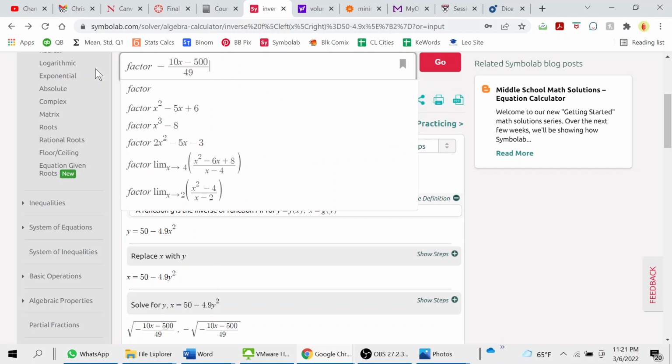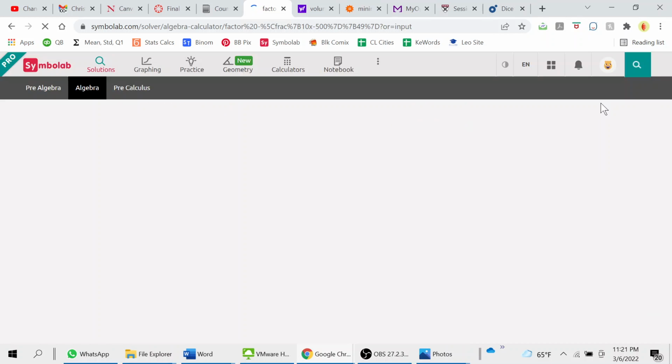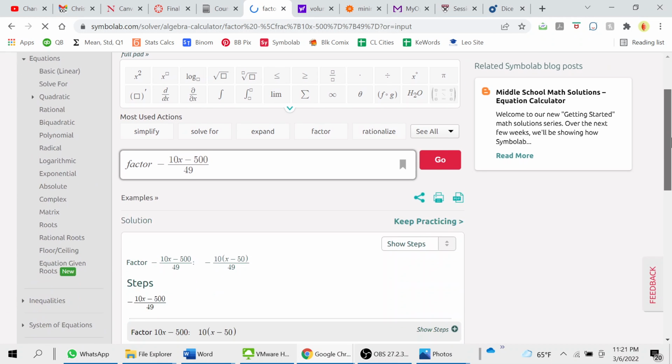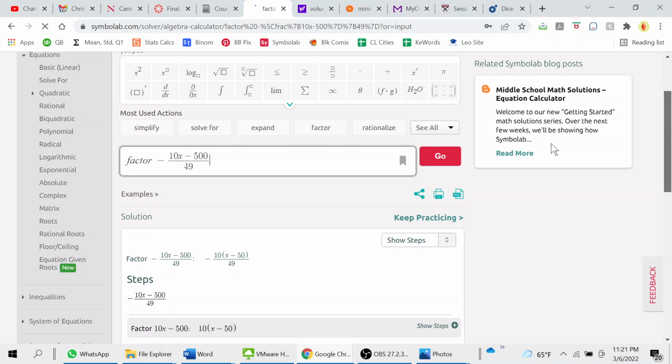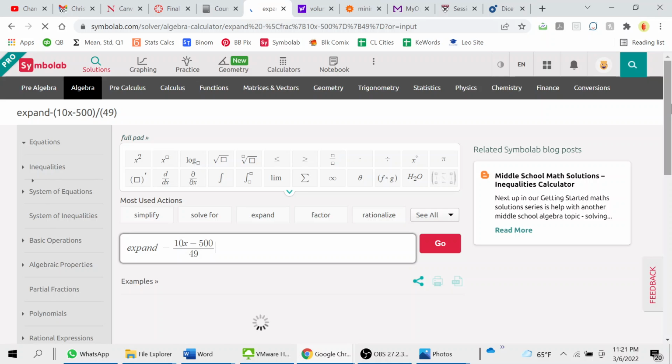Factor. Please factor this. Okay, hold on. Expand. This is all under a square root sign, just to make it clear.